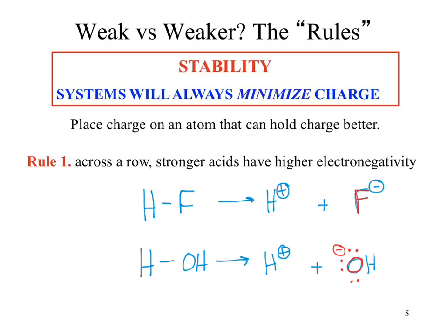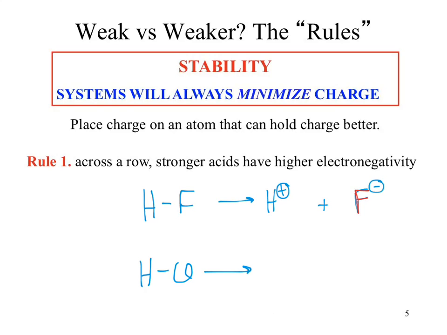Okay, so let's propagate this out a little bit differently. Now let's stick with HF because I like HF. Actually, they don't, but we don't need to like it for this. Let's switch to HCl. Goes to H plus and Cl minus.